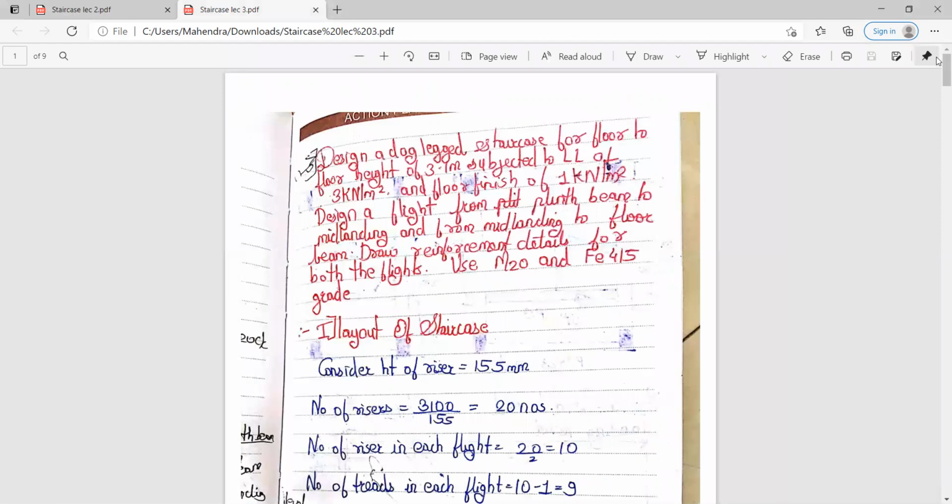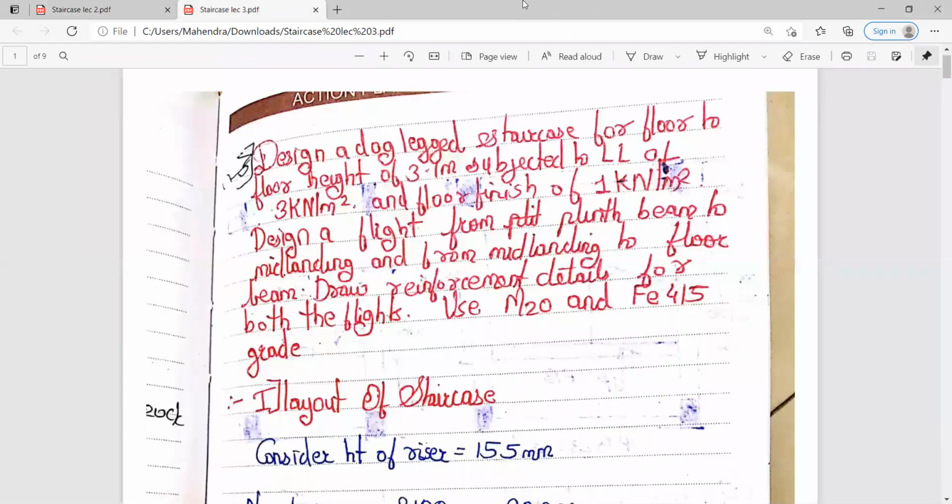So in this sum, again you have to design a dogleg staircase for floor to floor height of 3.1 meter, subjected to a live load of 3 kilonewton per meter square. Here the floor to floor height is given to you, that is 3.1 meter, and the live load they have given you, that is 3 kilonewton per meter square, and the floor finish is given to you, that is 1 kilonewton per meter square.